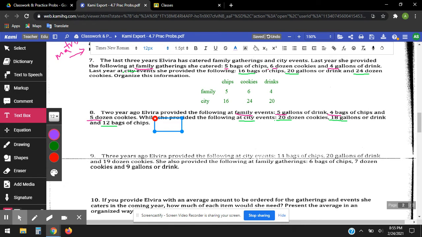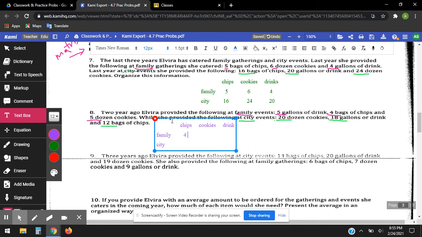We have chips, cookies, and drink. I'm going to keep these all in the same order so that they're consistent throughout. Family and city. So family, how many chips? 4 bags of chips. I'm going to look for labels this time. She didn't do them in the same order.